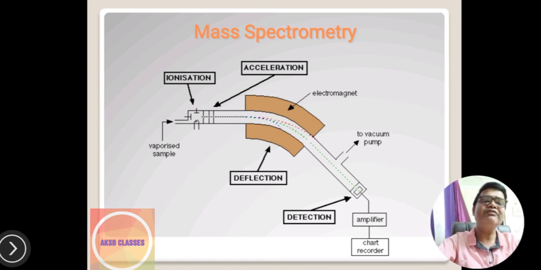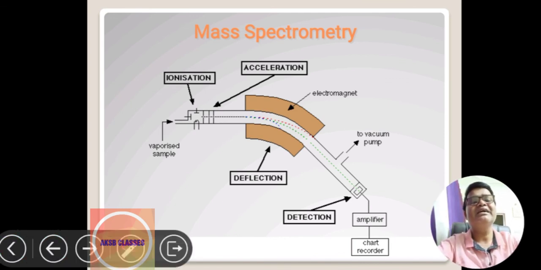So they will move differentially due to gaining of momentum. That differentiation causes a deflection in the vacuum tube near the electromagnetic region, and that deflection is characterized in the form of a mass spectrum.